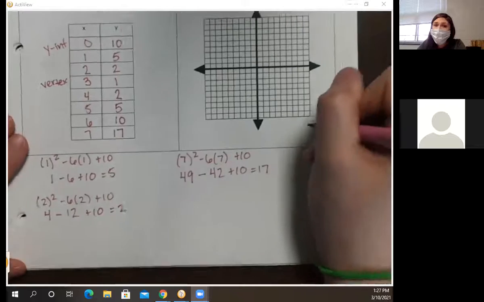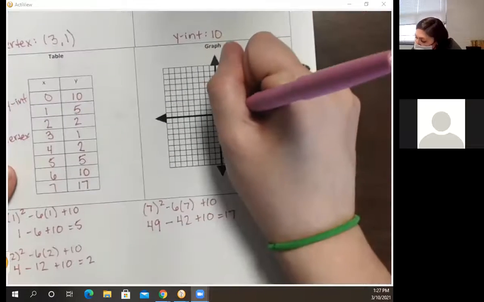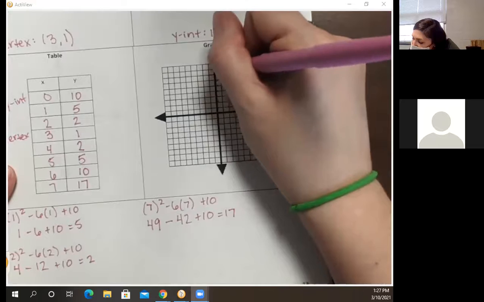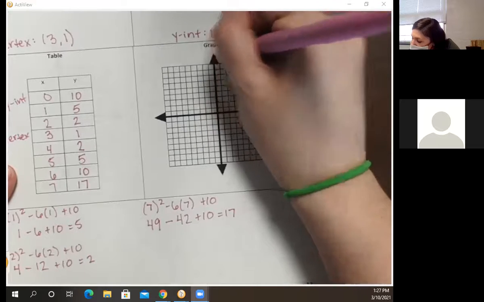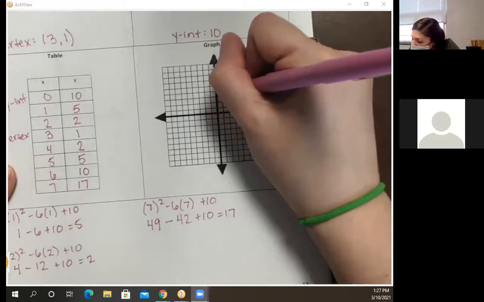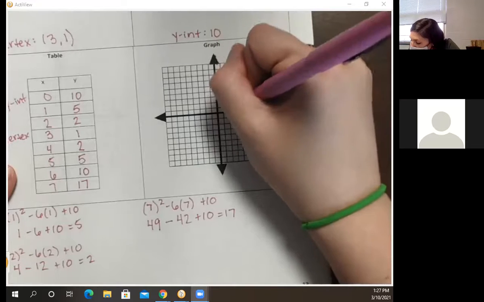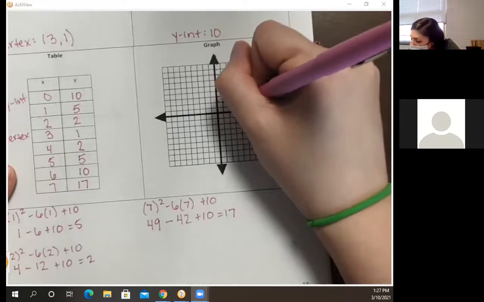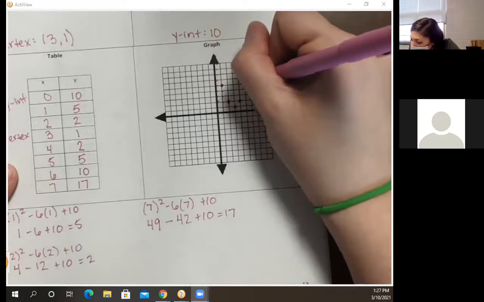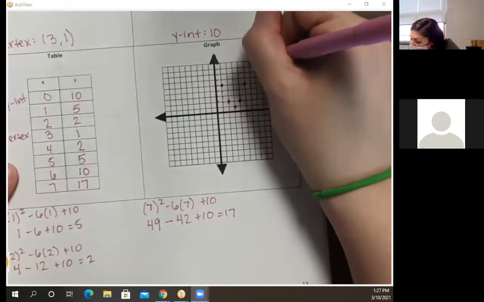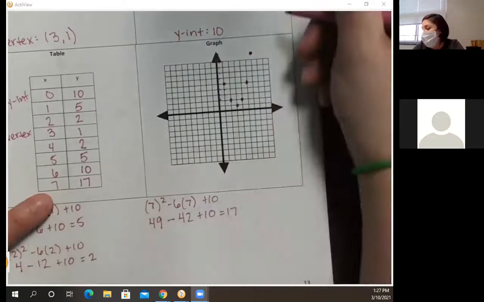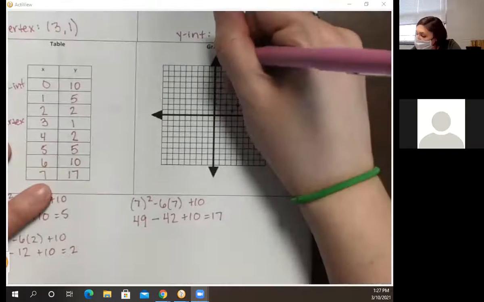Now I'm going to go ahead and graph this. I'll plot the points from my table: (0, 10), (1, 5), (2, 2), (3, 1), (4, 2), (5, 5), (6, 10), and (7, 17) is going to be way up here somewhere, so I'm not going to worry about that.